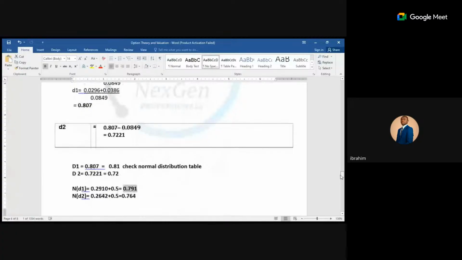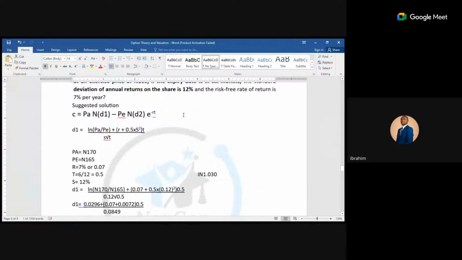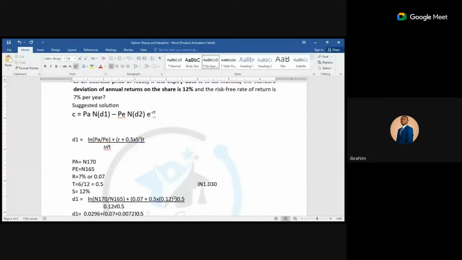So, a quick one. Call option C. What is PA? PA is 170, right? Times what is our ND1?